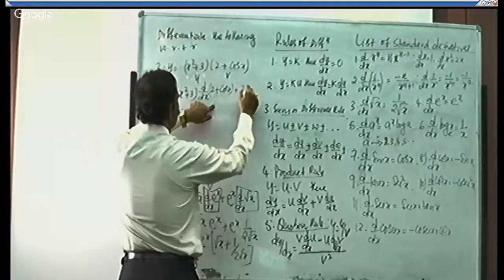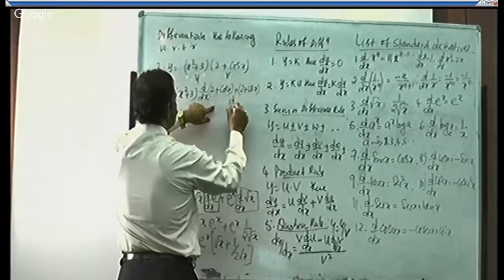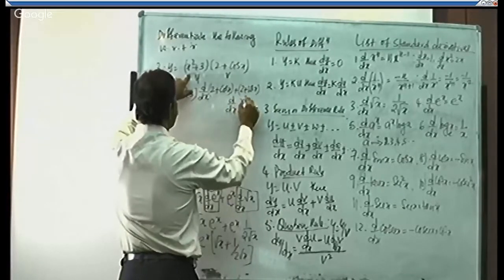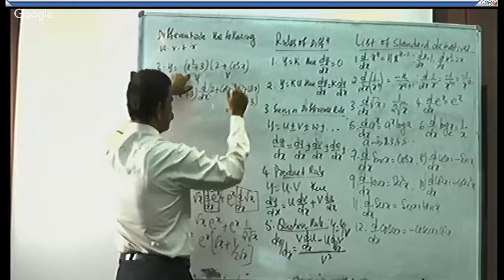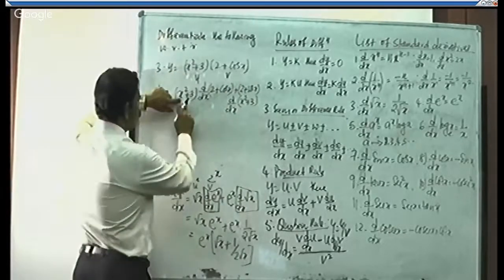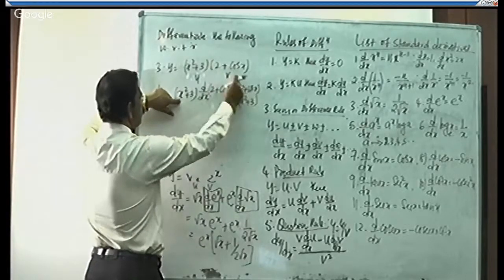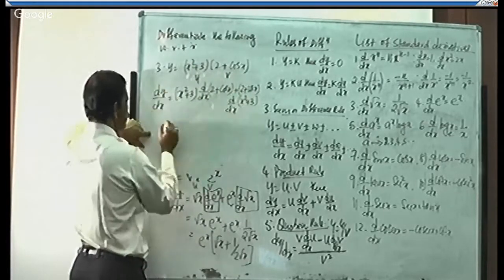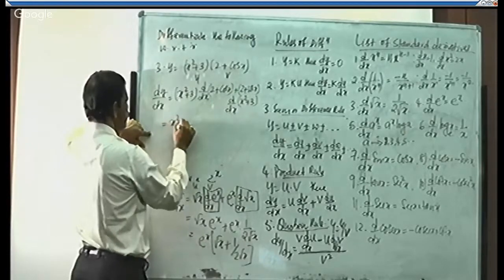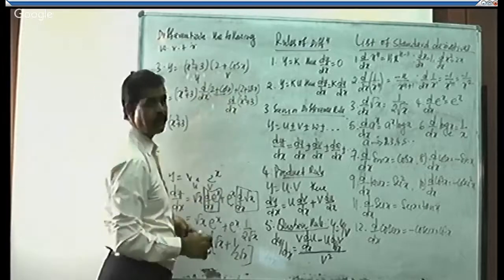What is v? 2 plus cos x into d by dx of u, that is x square plus 3. So that is equal to keep x square plus 3 as it is, differentiation of 2 plus cos x.